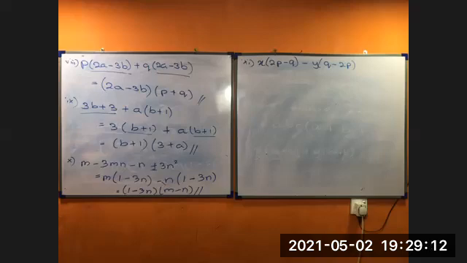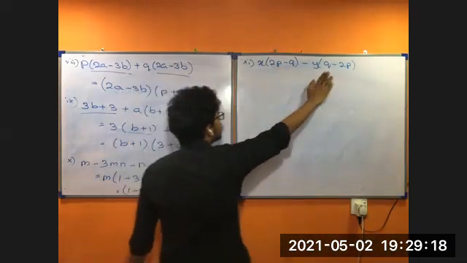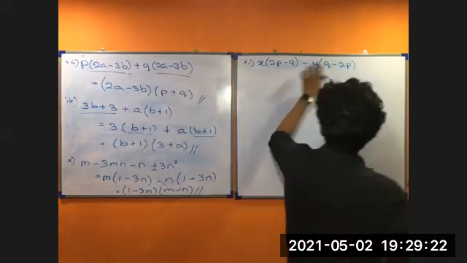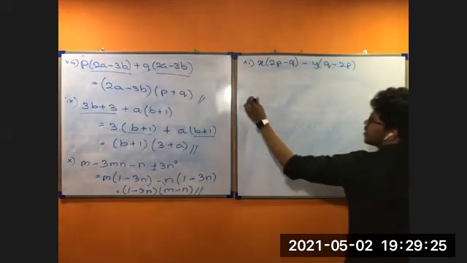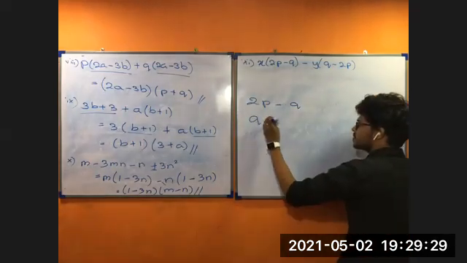Okay, let me do it. So keep in mind, here we have 2p minus q. Here we have q minus 2p, right? They are not the same, but there is a relationship, right? You can see one is 2p minus q, the other one is q minus 2p.